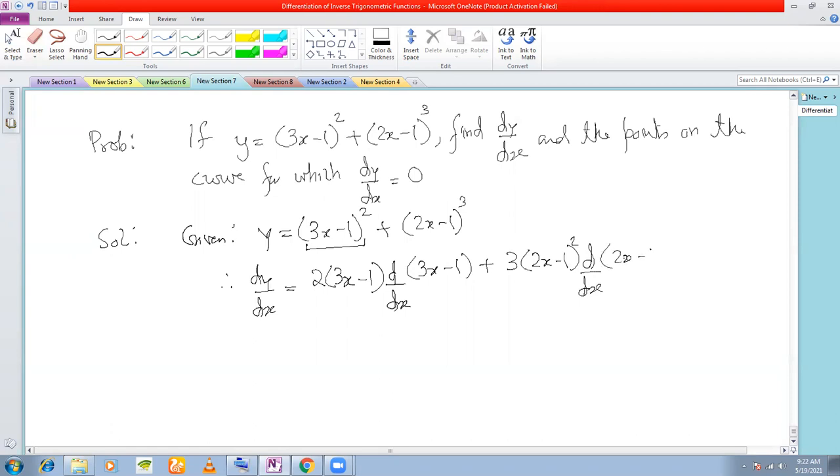Check whether you understood the differentiation. Next, twice (3x minus 1), d/dx of (3x minus 1) is simply 3, plus thrice (2x minus 1), d/dx of (2x minus 1) is 2.